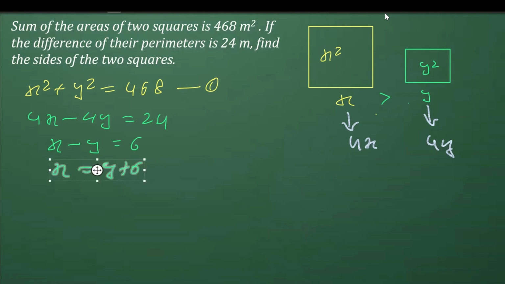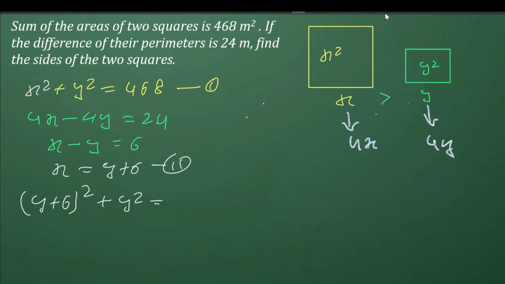I'm going to replace this x in the first equation with y plus 6. So it's going to give us y plus 6 whole square plus y square is equal to 468.